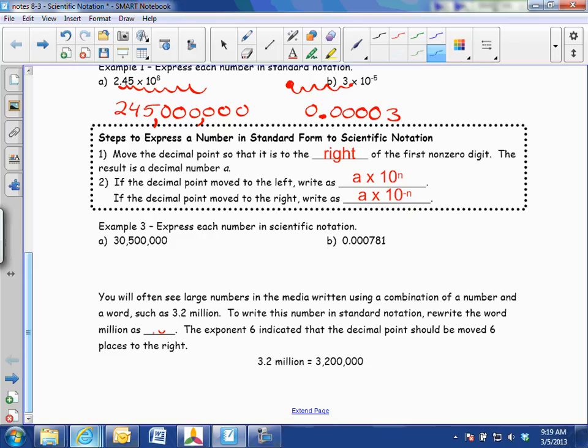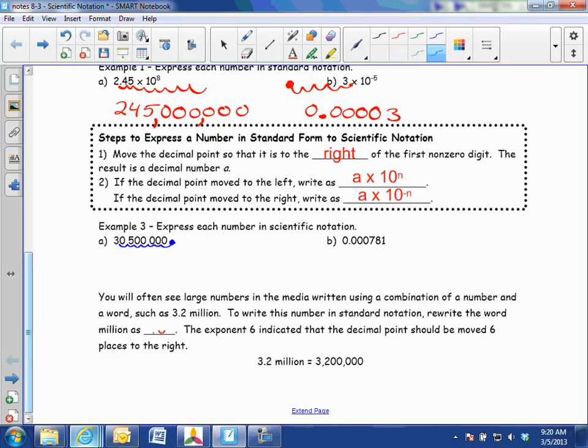Okay, so where is my decimal place in this first one? In front of the 3. Okay, that's where we want to move it, right? We want to move it right after. So how many places do we have to move it to get it there? Okay, so 1, 2, 3, 4, 5, 6, 7 places.